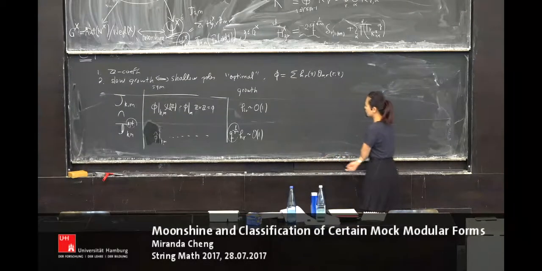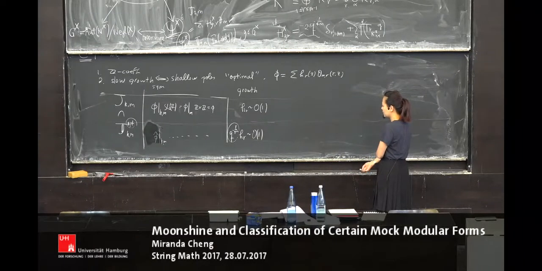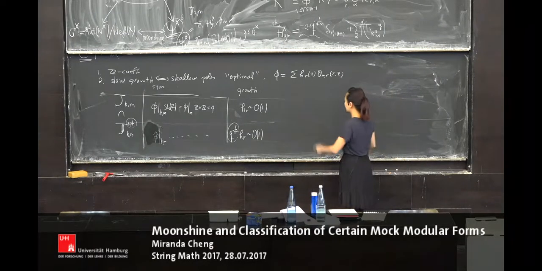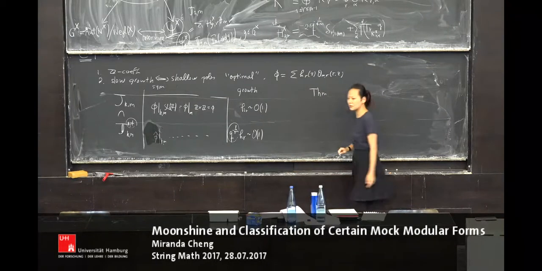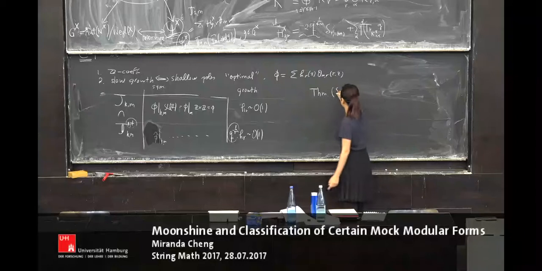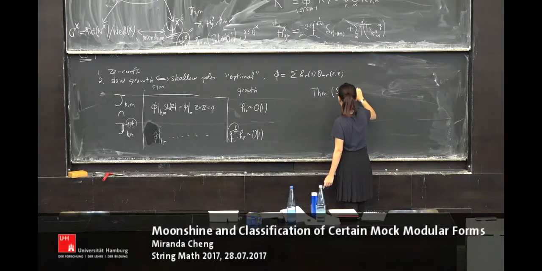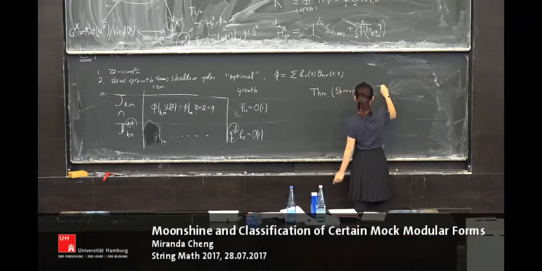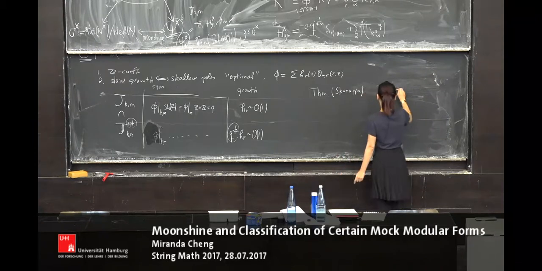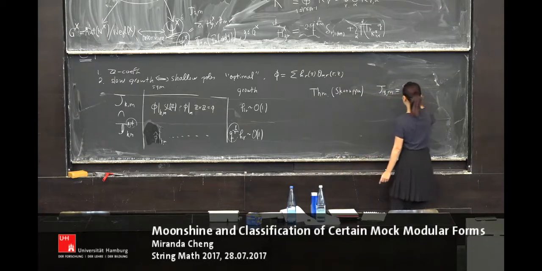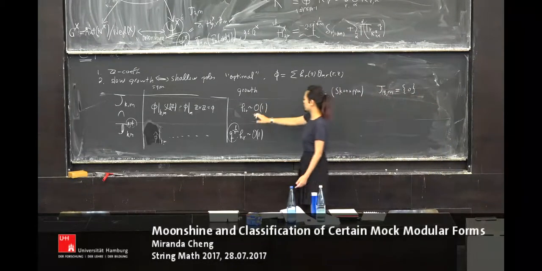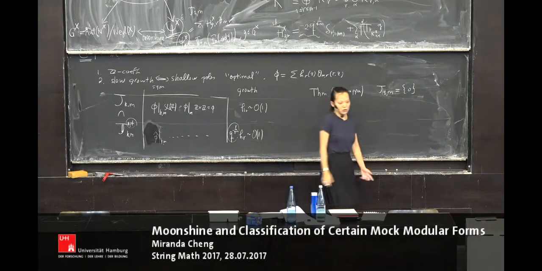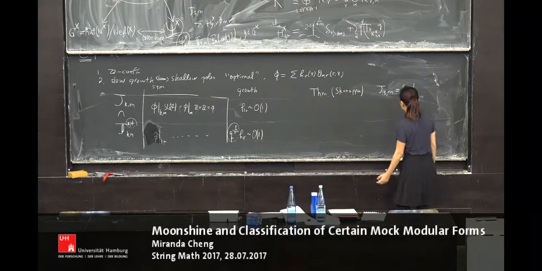And before we classify, there's a very important theorem by Skoruppa in the 80s, which says that at weight 1 it's very severe and restricted because this space is empty. There are no forms that transform nicely and whose growth is completely bounded.